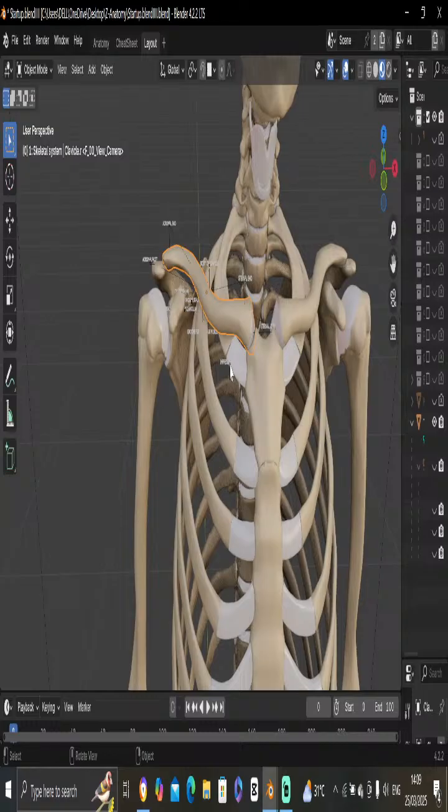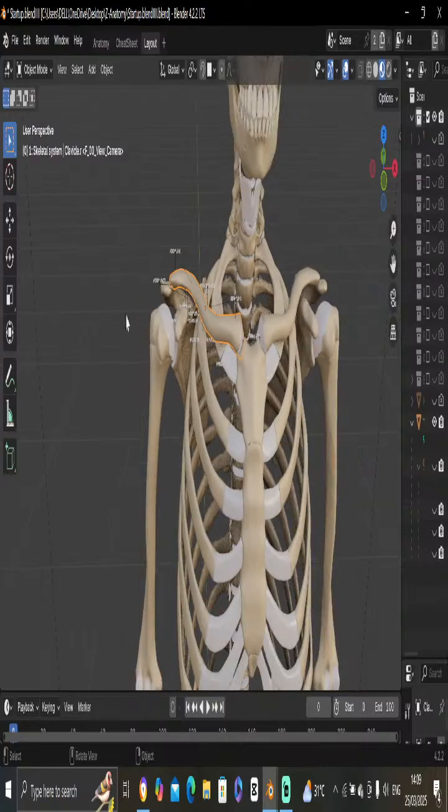For example, there's a big muscle in our chest, the pecs, the pectoralis major. It attaches to the clavicle at this area. It attaches to the sternum and also to the costal cartilages. If we follow the tracing of my cursor, it attaches to the clavicle, to the sternum, and then to the costal cartilages. Then that big muscle goes on to insert on the humerus.